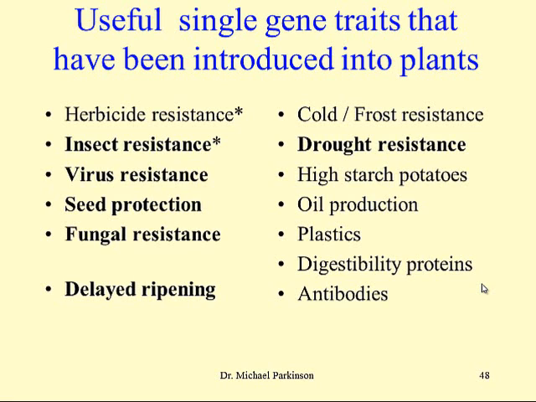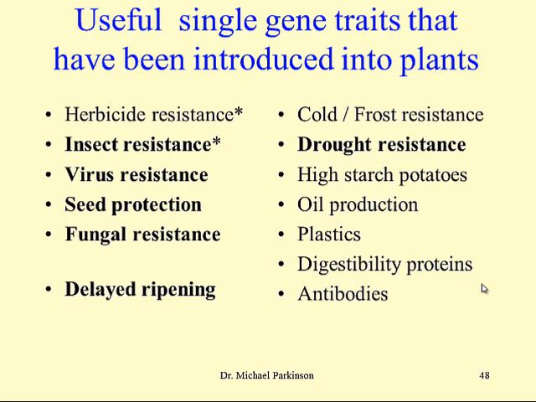Cold frost resistance. In my own laboratory we've engineered overexpression of proline in plants through a single transgene, and from that been able to get cold frost and drought resistance. But there are a number of different ways of getting cold frost and drought resistance into plants. Overexpression of proline is just one of them.